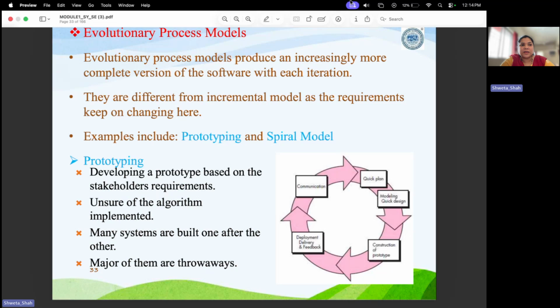Then we can generate a second prototype and present it. When unsure about the algorithm implemented, many systems are built one after another. Most of them are throwaways, because every time we generate a prototype, the first is the basic one, the second is the updated one, and the final one is the most updated one. So the earlier prototypes are not going to be used and can be thrown away.